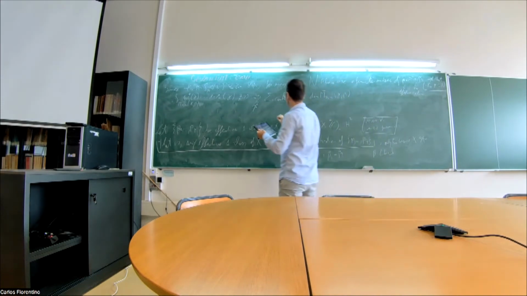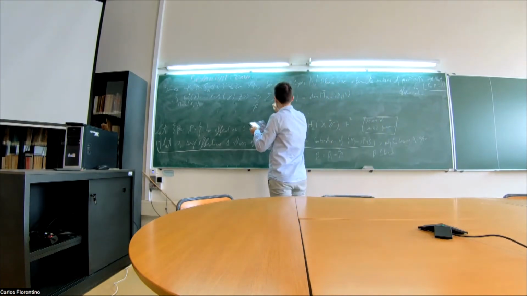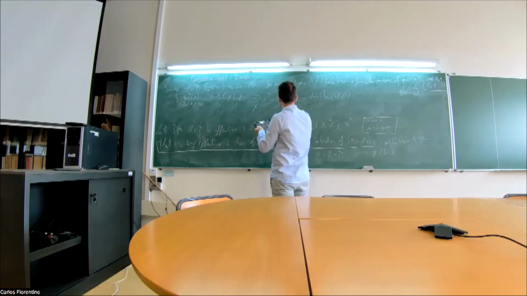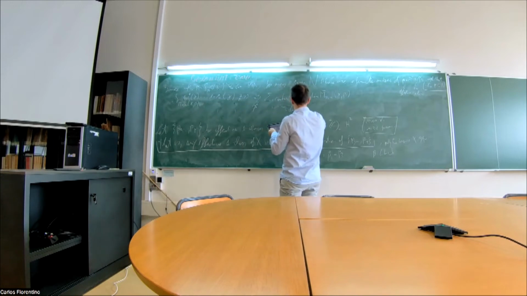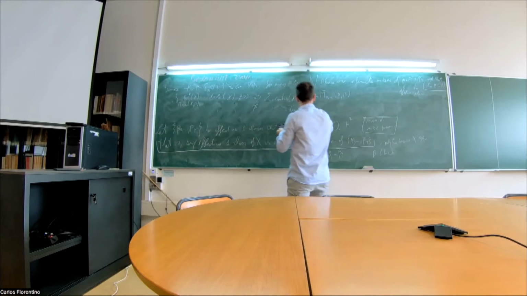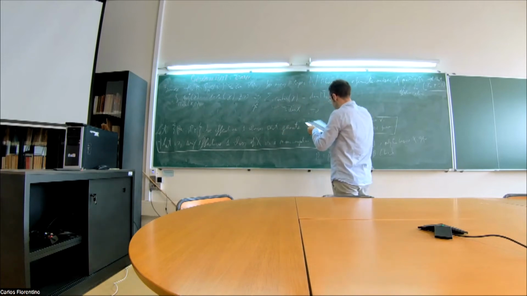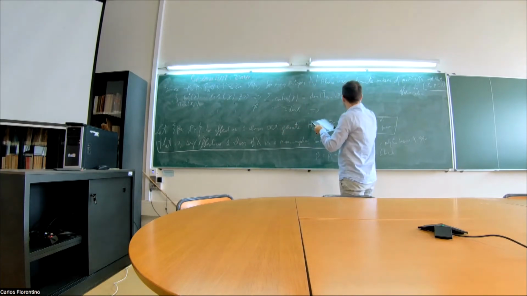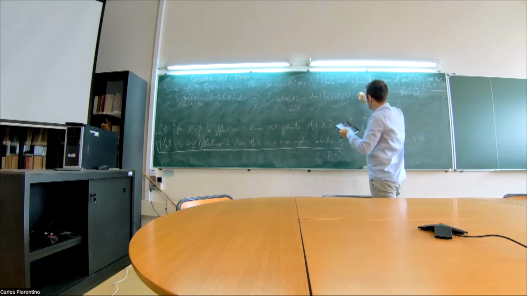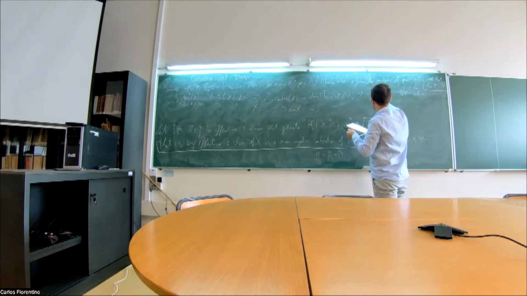And each one of these codimensions is clearly at least the dimension of x, clearly. So what I have here is that this is equal to n times the dimension of x.